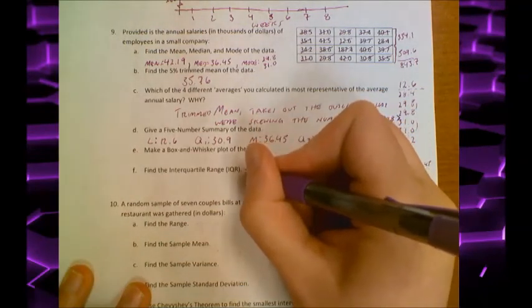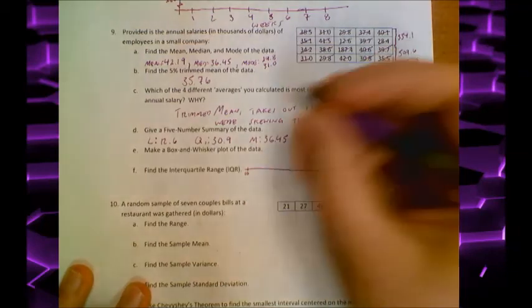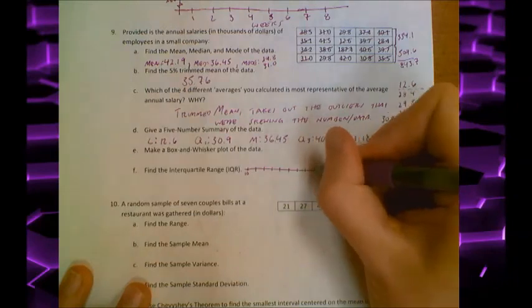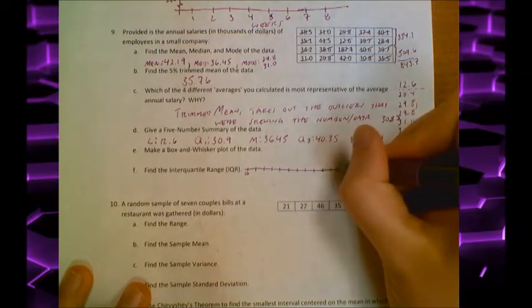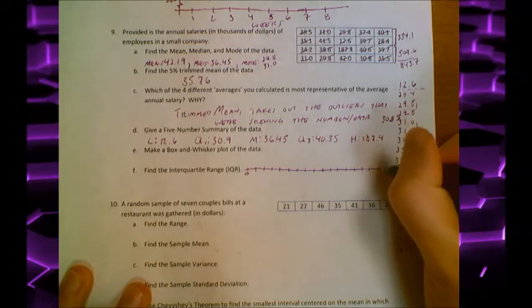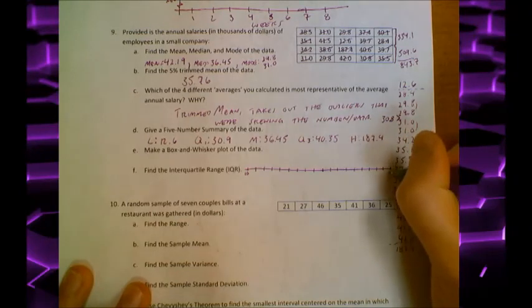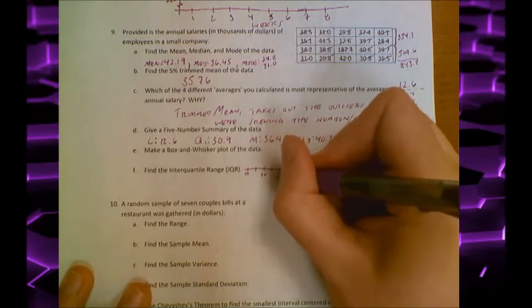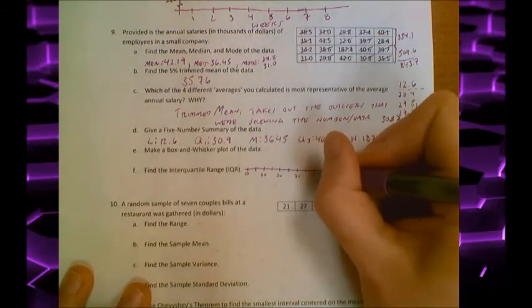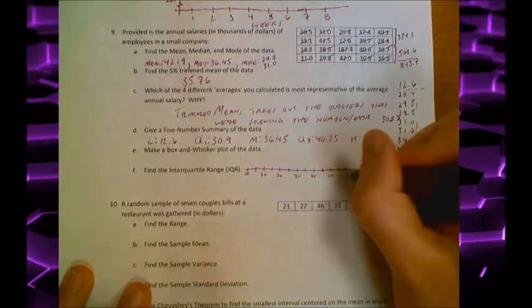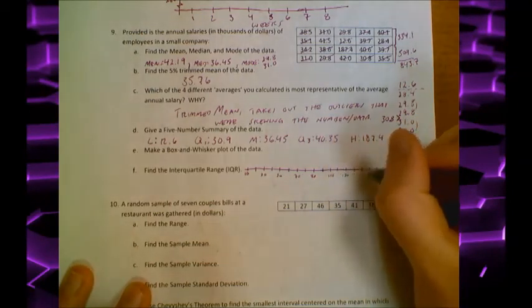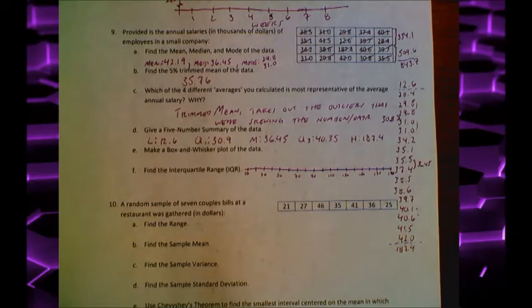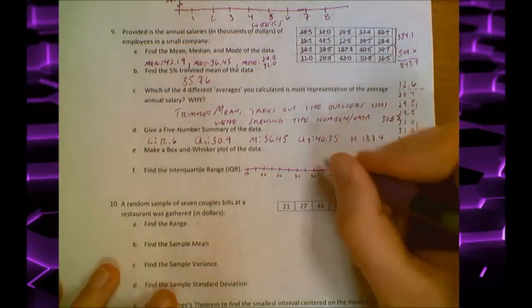I'll start here at 10, it's a little bit lower. 10, 20, 30, 40, 50, 60, 70, 80, 90, 100, and on up to 190. And this is salary.